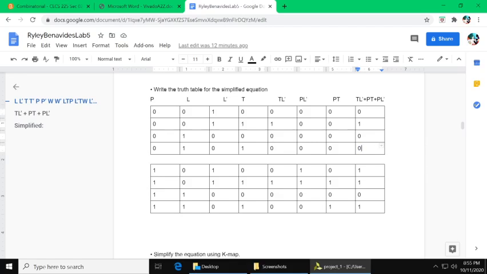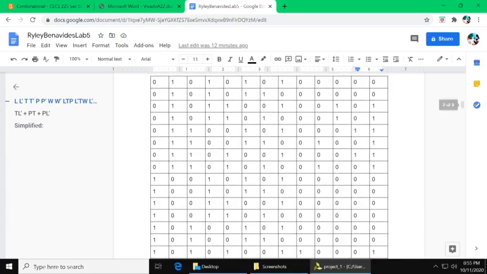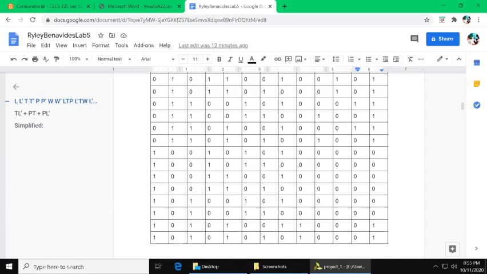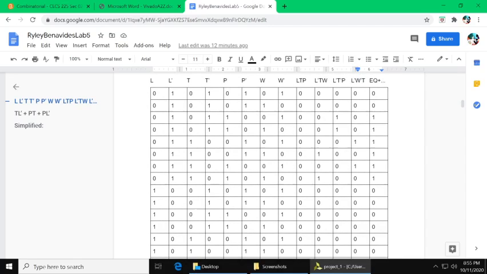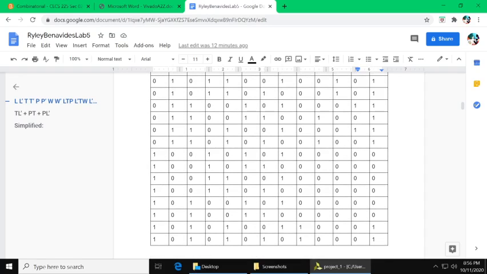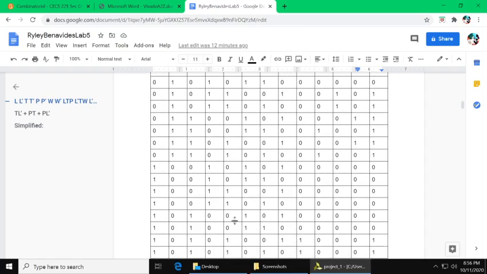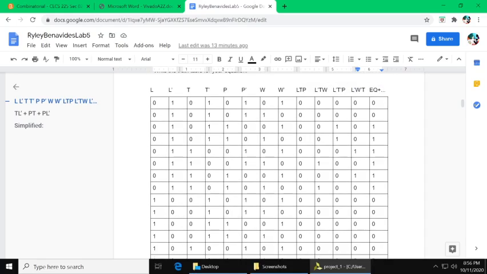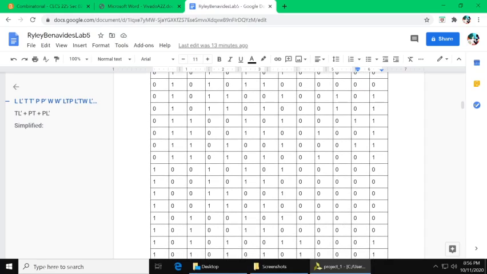Since there's no W here, if you scroll back up to the top, you can see that in the one that had the 1 for T, 0 for P, 1 for L, and then 0 for W, which is right here, even after we change the 0 to a 1, it's the same output.